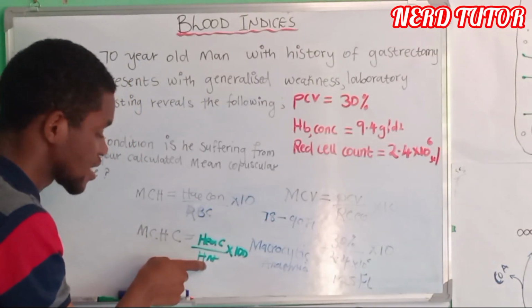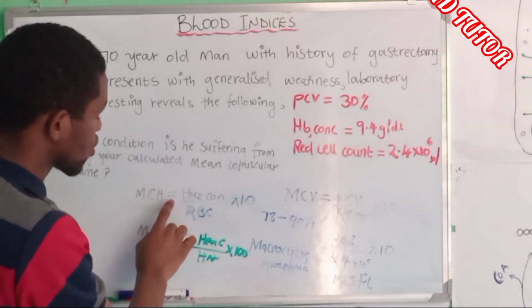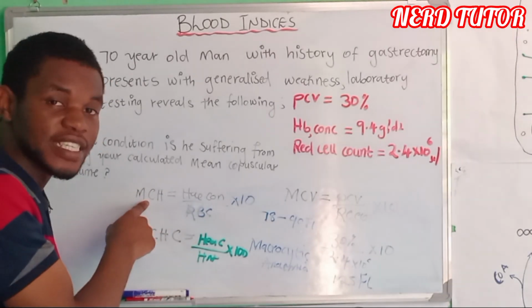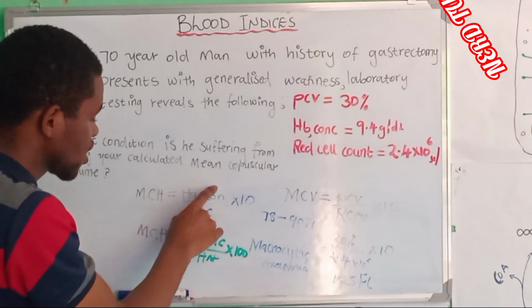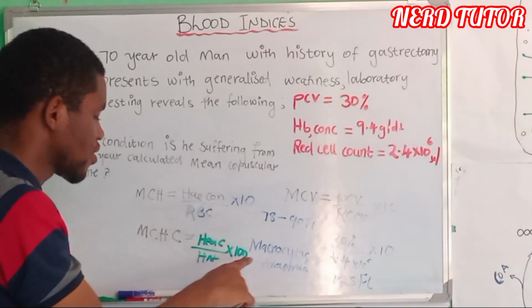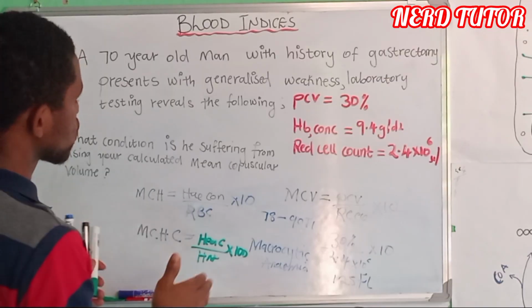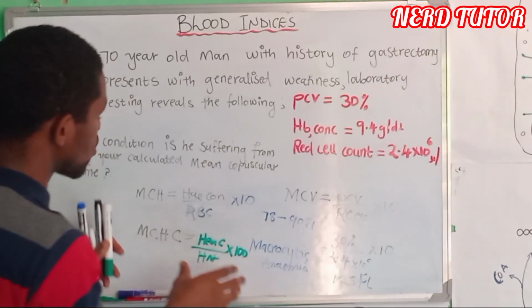Hematocrit is the same as PCV. So hematocrit times 100. Then for mean corpuscular hemoglobin, because we're just having one C, everything is 1: hemoglobin over red blood cell count times 10, and of course 1 H here. Okay, very simple.